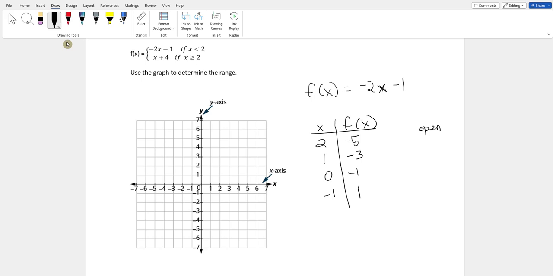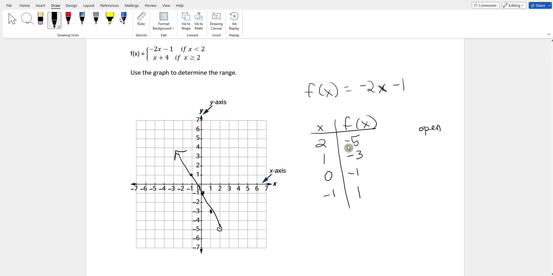So let's go ahead and graph these points. I get 2, negative 5. I'm going to draw an open circle here. Then I have 1, negative 3, 0, negative 1, and then negative 1, 1. This is my graph.